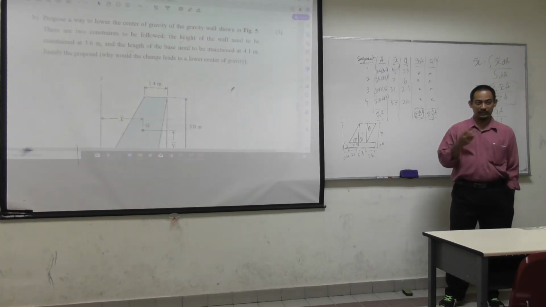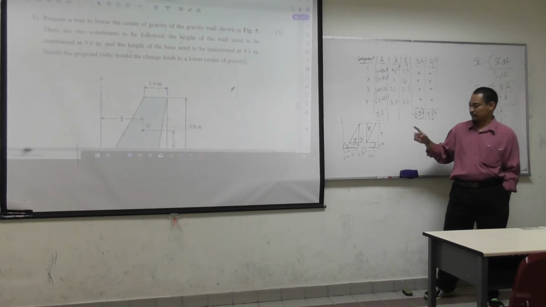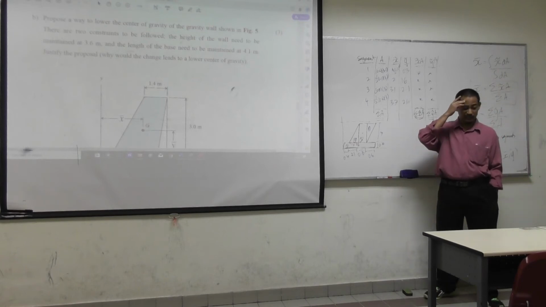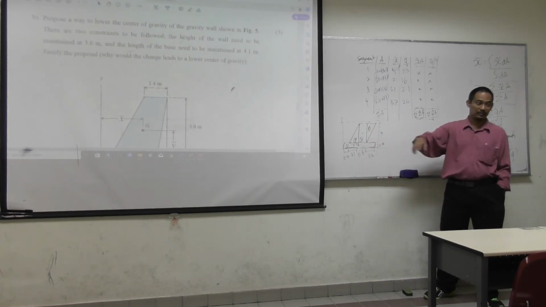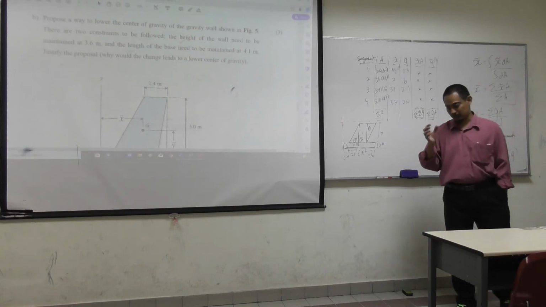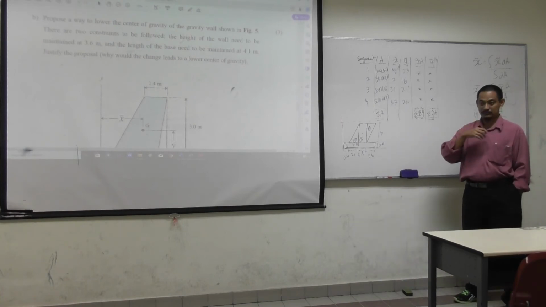But the idea is that, from understanding you should understand that what can affect the center of gravity location is one is the shape itself, one is the material. Meaning if you have different density material. So any answer that is logically correct.